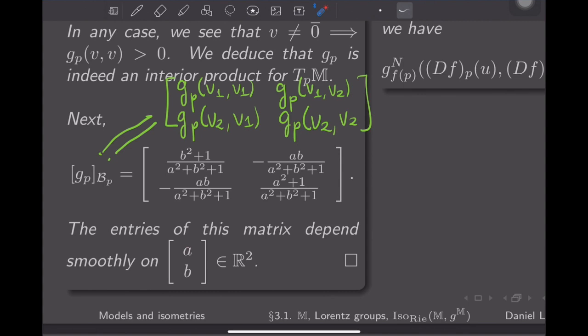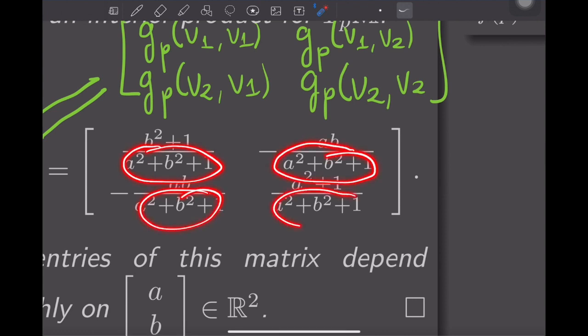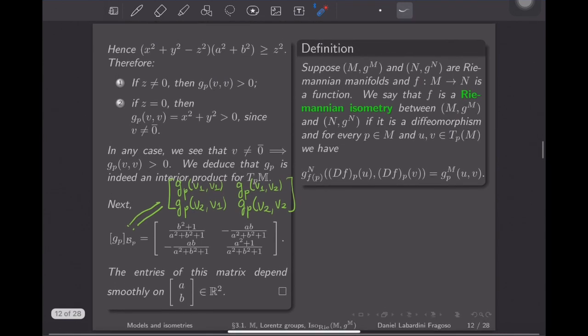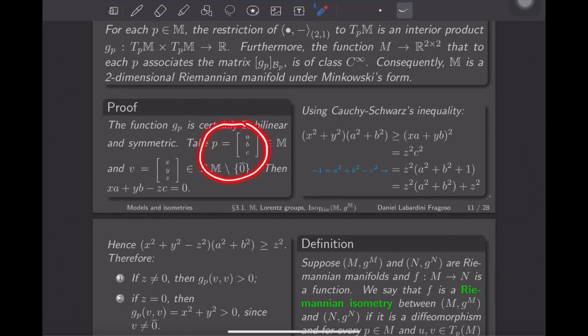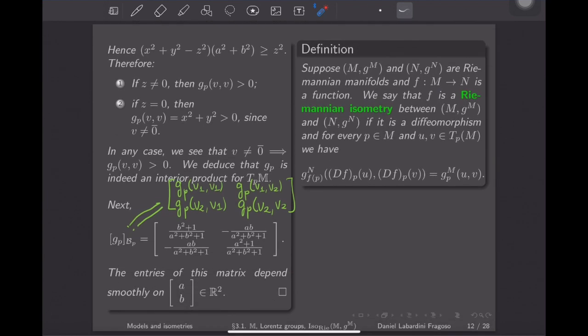Just because the denominator here is always greater or equal than 1. And that's what I mean when I said that the inner product varies smoothly when I make the point vary. Here I'm making P vary, or actually not quite P, but its projection in the xy plane.